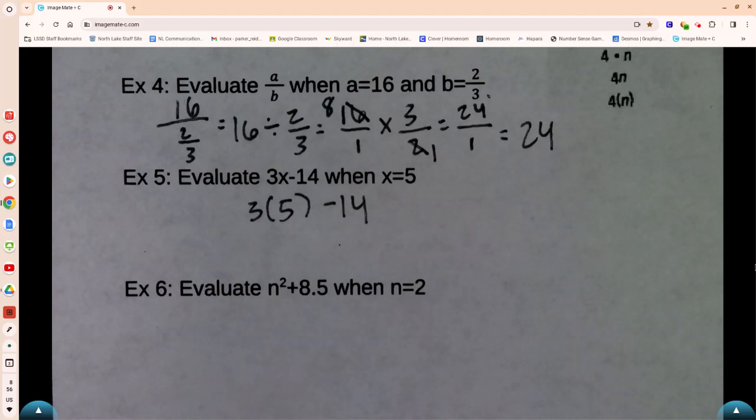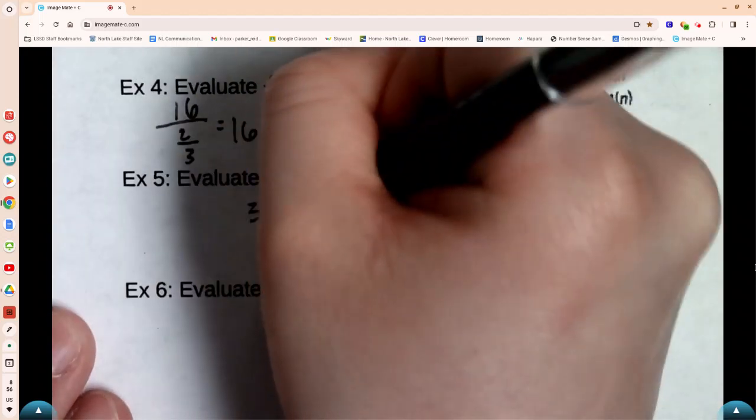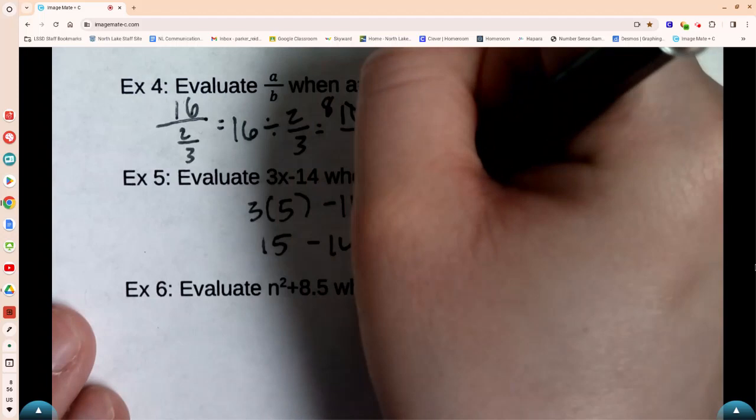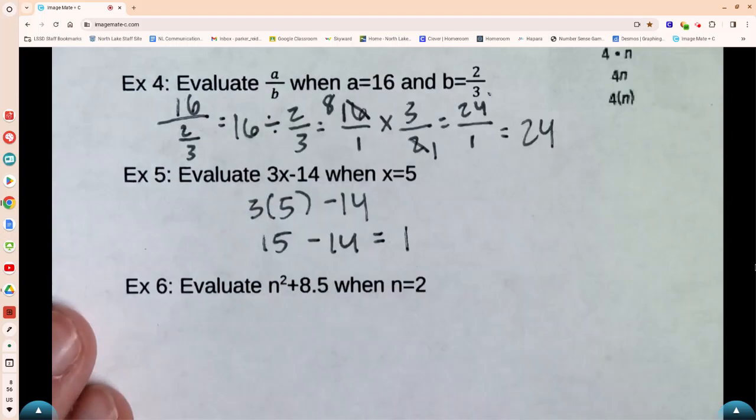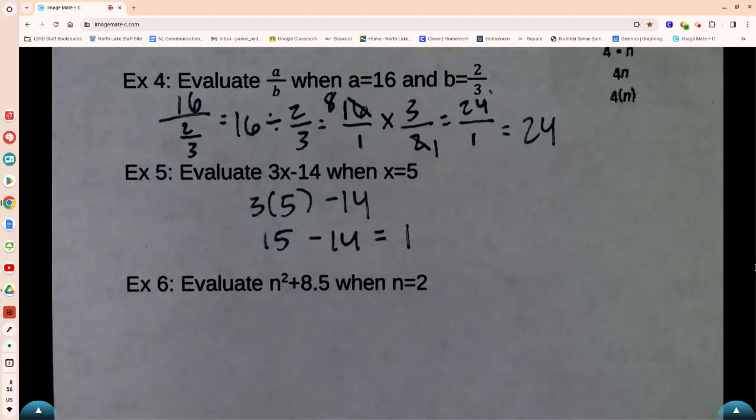I'd love to hear from someone I haven't heard from yet today. So we're all thinking. I know you're tired. Do I do the multiplication or the subtraction first, according to GEMDAS? Graham? So 3 times 5 is 15. Then I can subtract the 14 and get 1. That means the value of this expression when x equals 5 is 1.